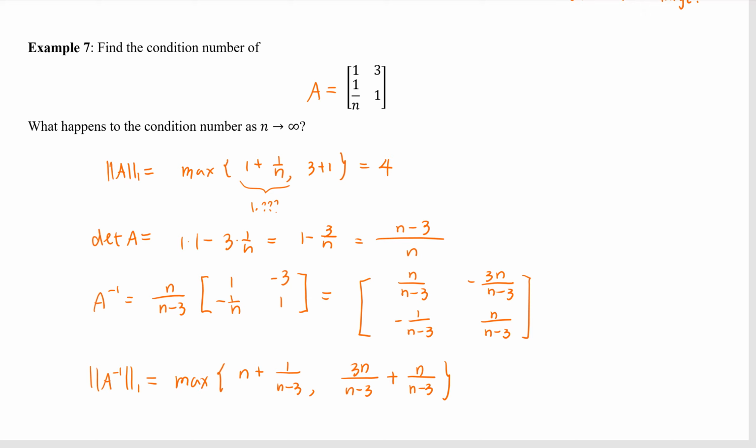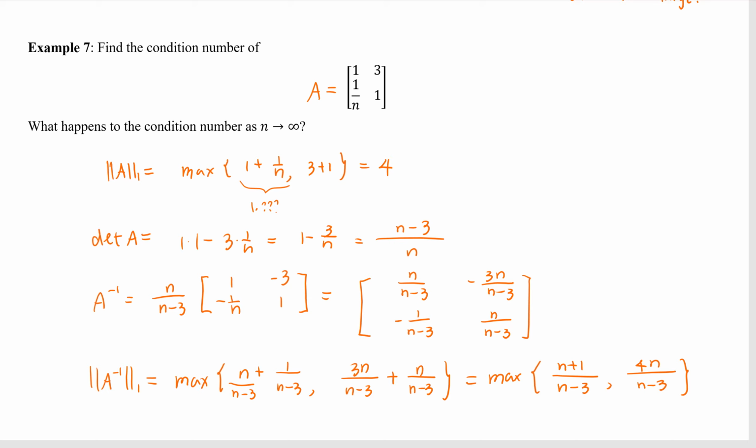Okay, now let's see what happened. Oops, sorry, I forgot n minus 3 here. Okay, so this is the maximum. You can see the denominators are both n minus 3. We can combine them actually. So this is 4n over n minus 3. Okay, when n goes to infinity, which one is larger?